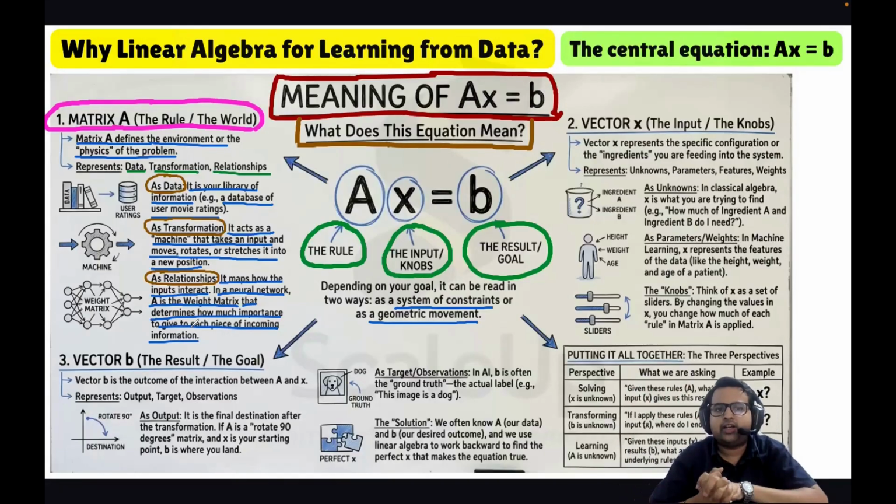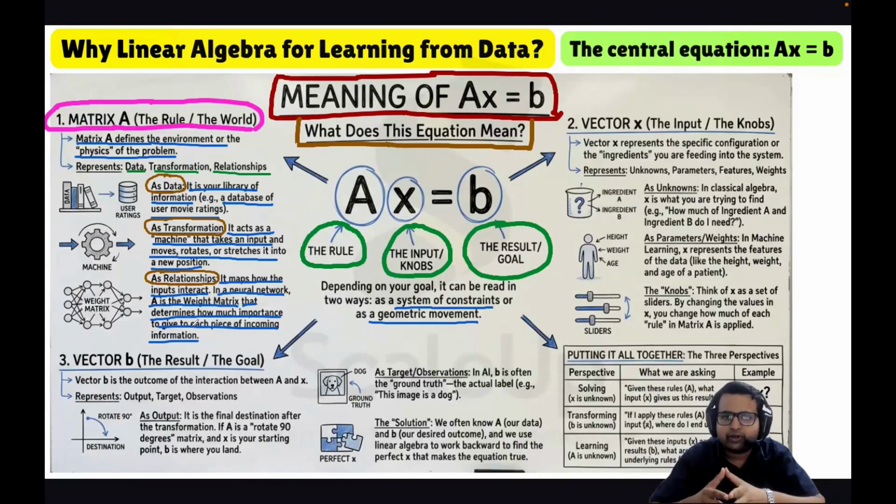Now it's very clear that matrix A defines the environment, the rule, the world. In matrix A we can store either the data, the transformations, or the relationships. If we store data in A, it acts like a database or library of information.